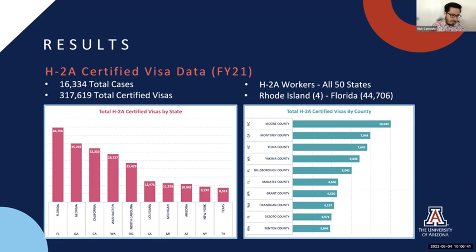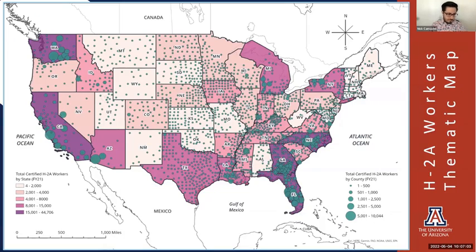You can clearly see on the table on the left Florida at the top in certified visas, and Moore County on the right as the top county in certified totals. The choropleth map displays the top 5 states for fiscal year 21, which are Florida, Georgia, California, Washington, North Carolina.